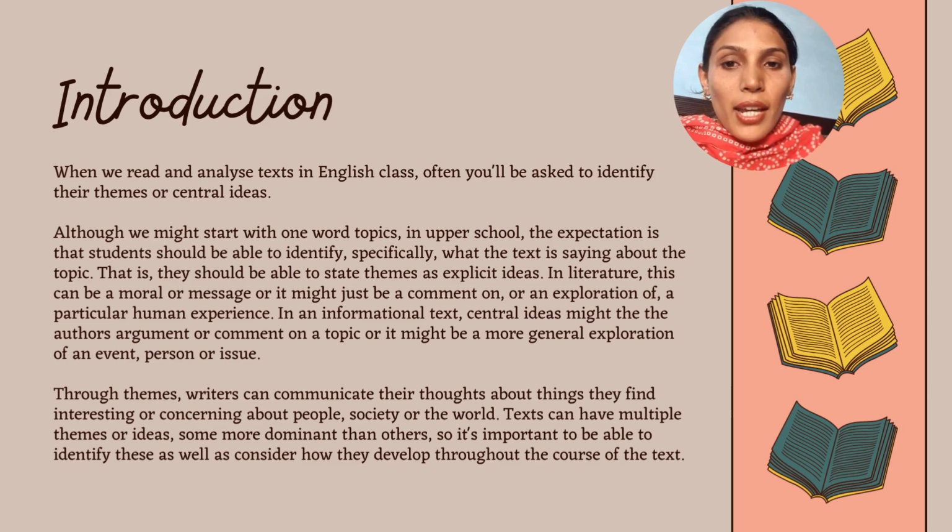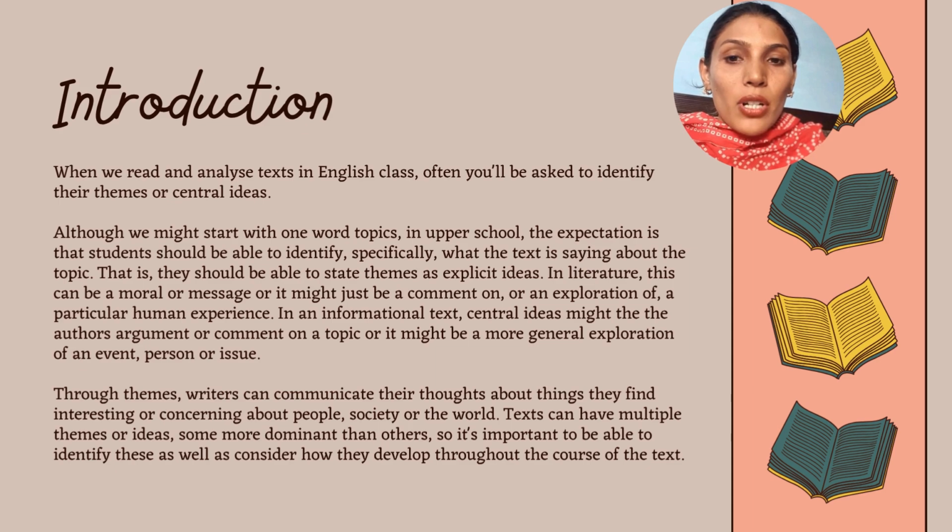When we read and analyze text in English class, often you will be asked to identify their themes or central idea. Although we might start with one word topics in upper school, the expectation is that students should be able to identify specifically what the text is saying about the topic. That is, they should be able to state themes as explicit ideas in literature.